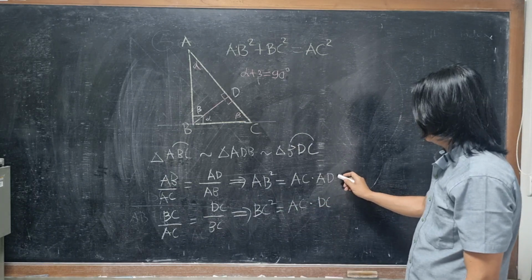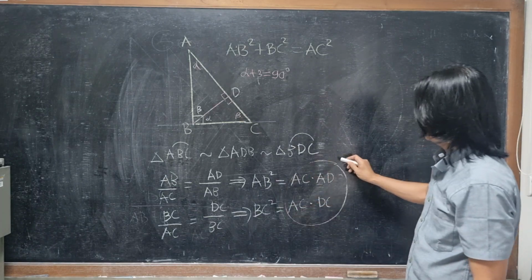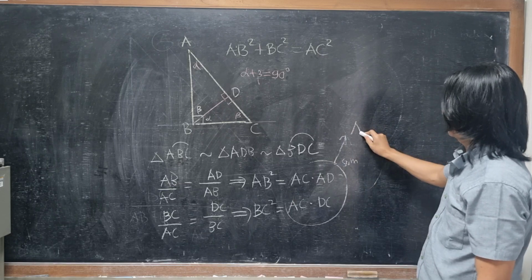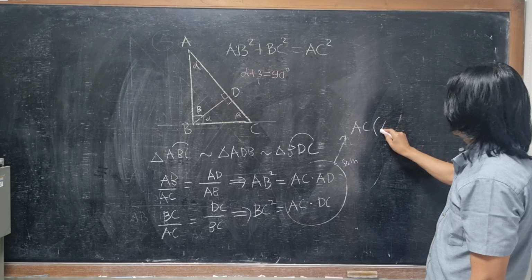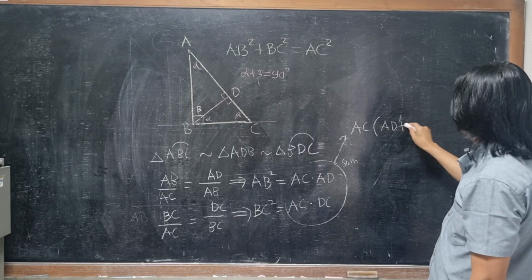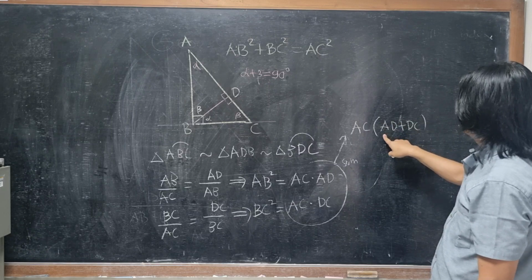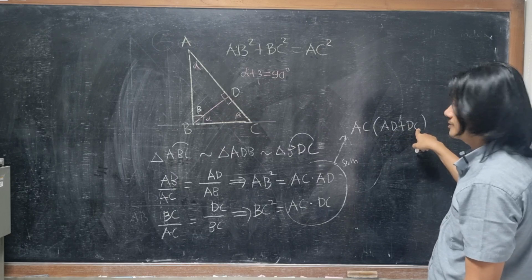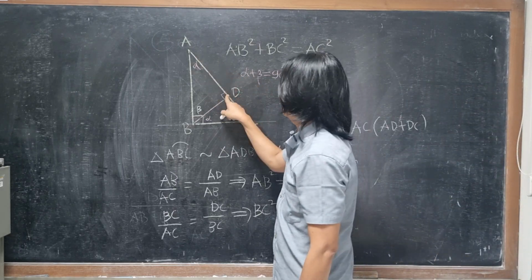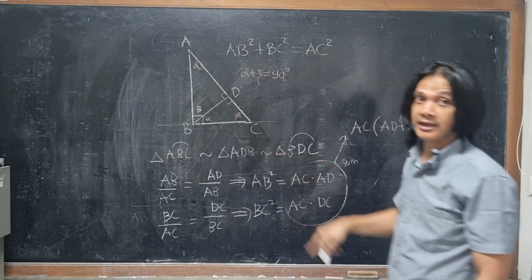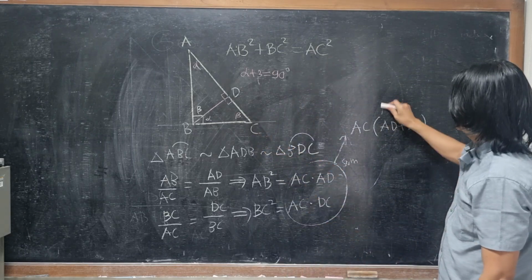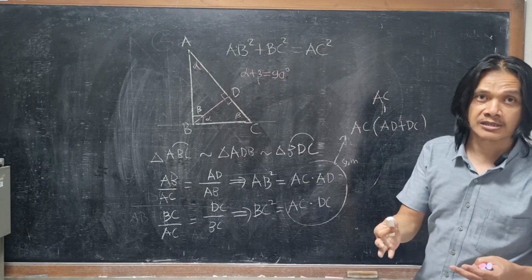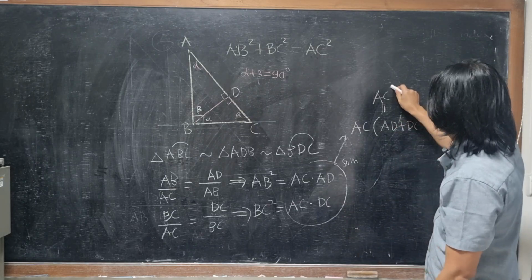The sum of these two will be equal to AC times AD plus DC. But what exactly is this? AD plus DC is exactly AC. So this is nothing but AC times AC, which is AC squared.